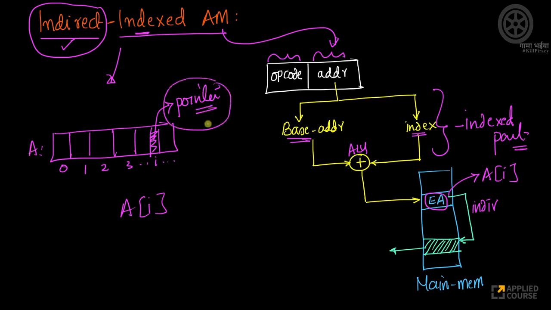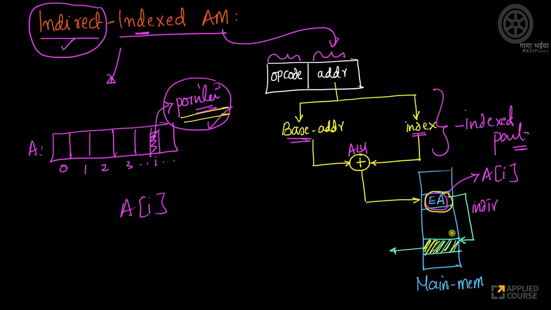Array of pointers is a topic that we discussed extensively when we learned about the C programming language, so if you want to go back and read that, please go ahead. Effectively, when I add the base address plus index and go to the memory, what I get is the effective address.